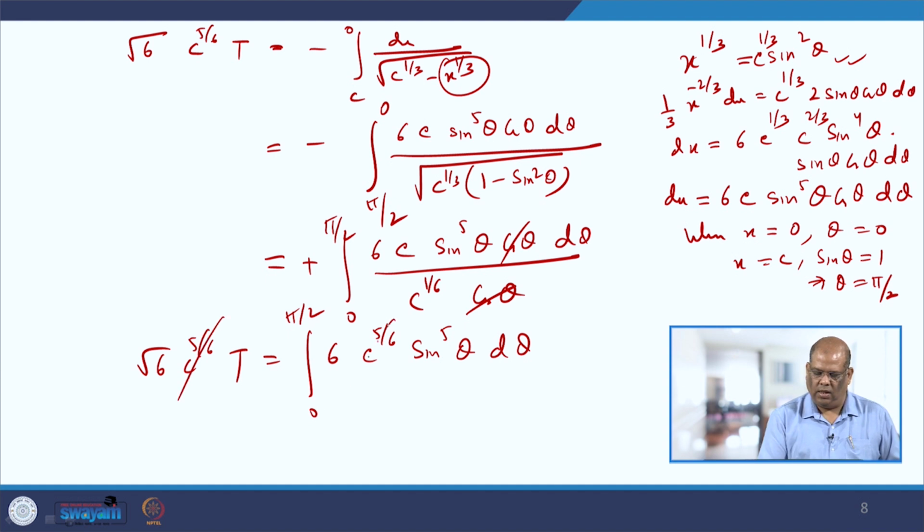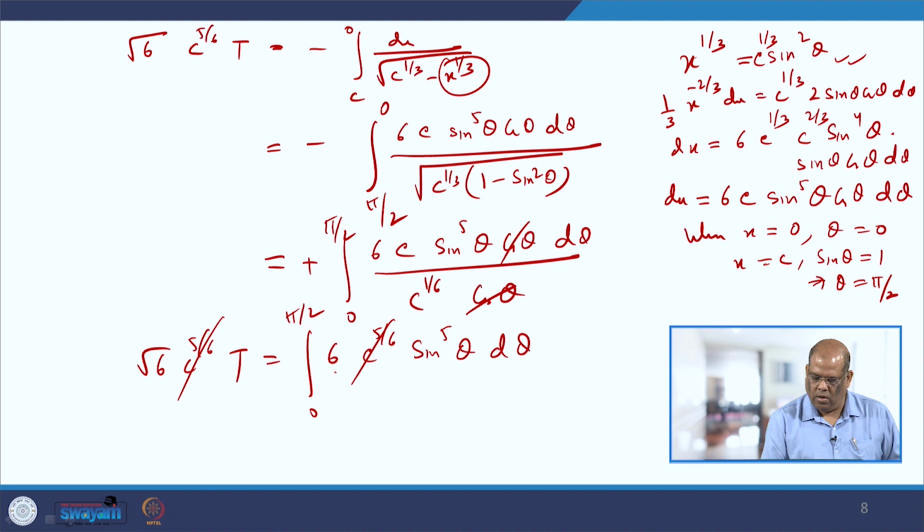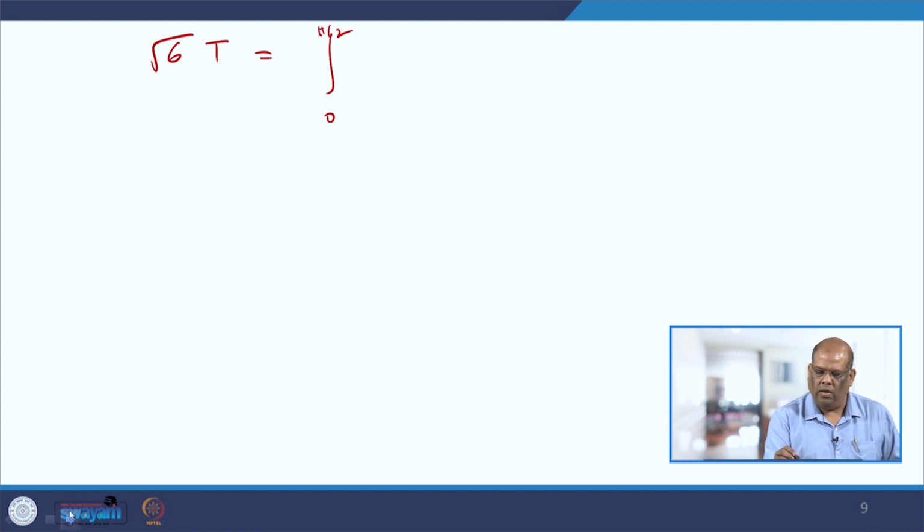So, this and this will cancel and we write this one more time. Root 6 times t is equal to 0 to pi by 2 6 sine to the power 5 theta d theta.